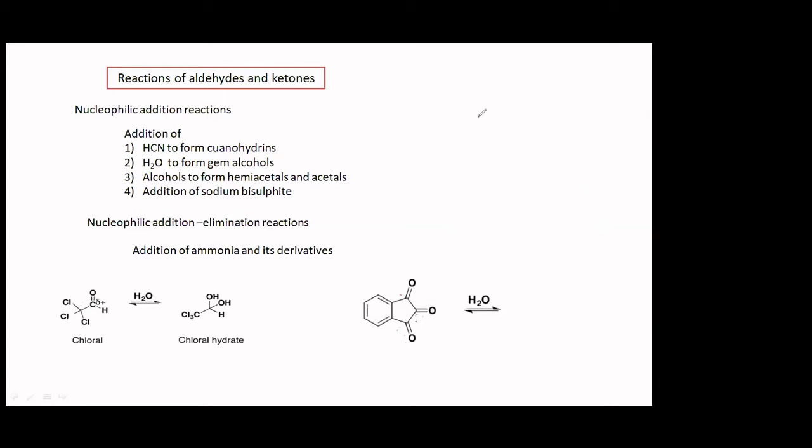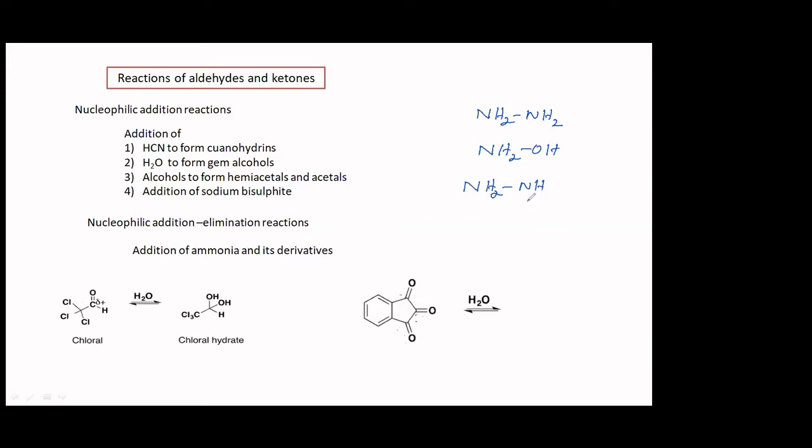Ammonia I told you just now, and primary amine also I told you. NH2NH2 is hydrazine. If you substitute one of the NH2 with an OH group, it becomes hydroxylamine. And take this NH2 itself, substitute one of the hydrogens with a phenyl group, then you are going to get phenylhydrazine.